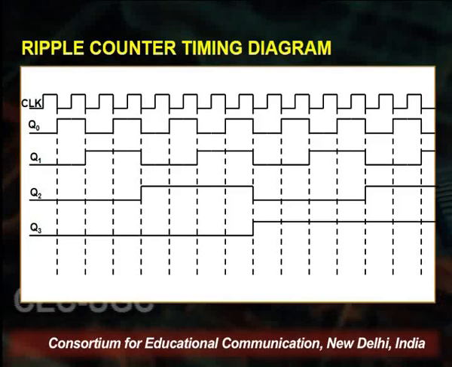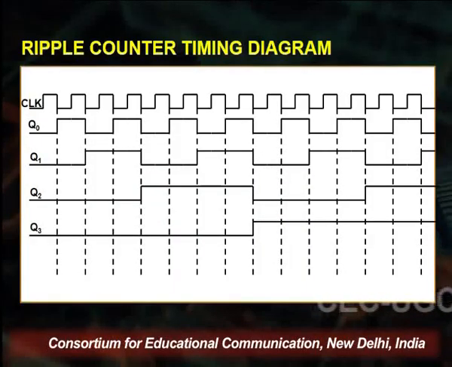It is important to note that the LSB toggles its value at all negative going edges, whereas the second flip-flop changes at every second negative going edge. The third flip-flop changes its state at every fourth negative going edge, and finally the fourth flip-flop changes its state after every 8th negative going edge. So this timing diagram summarizes the functioning of this ripple counter in counting decimal numbers, of course in the form of binary.